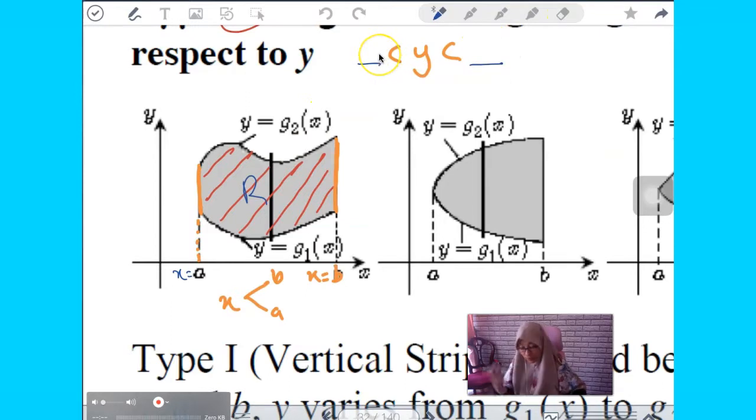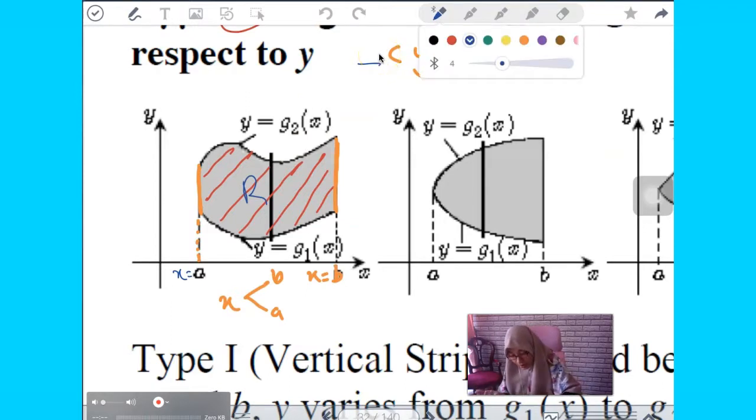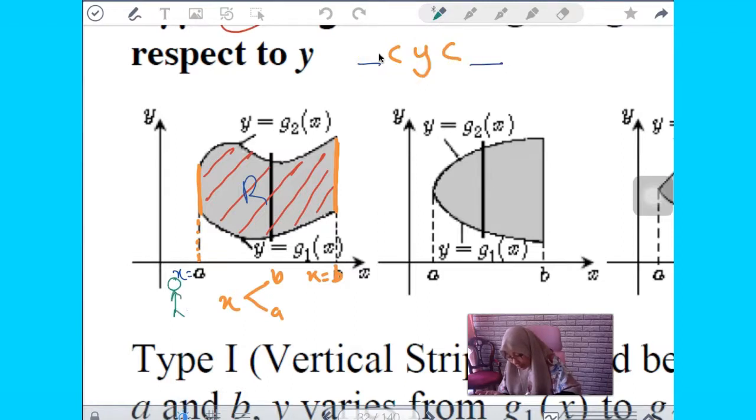So now it's just like you are walking along the y-axis, moving and passing through the region.